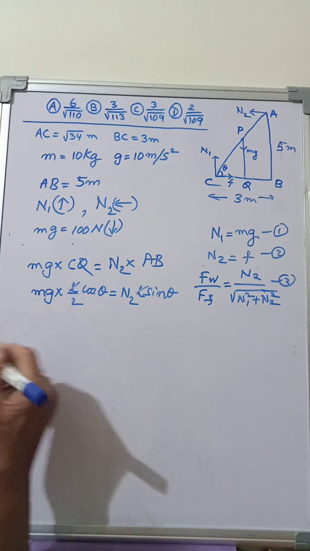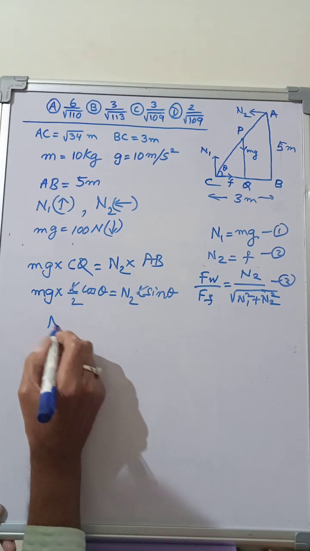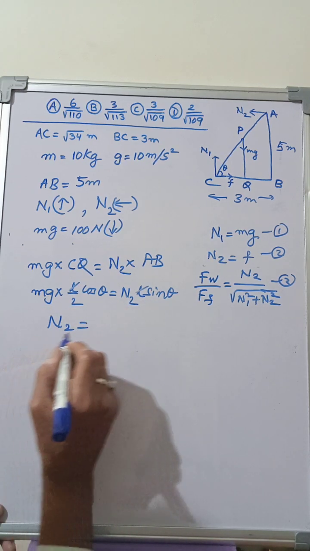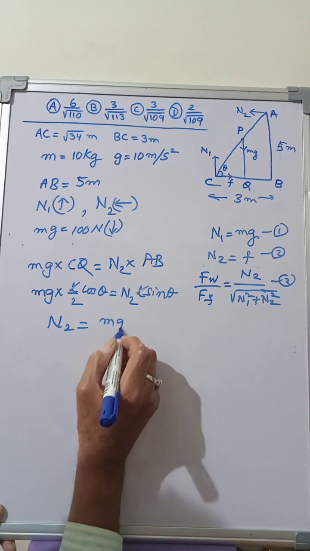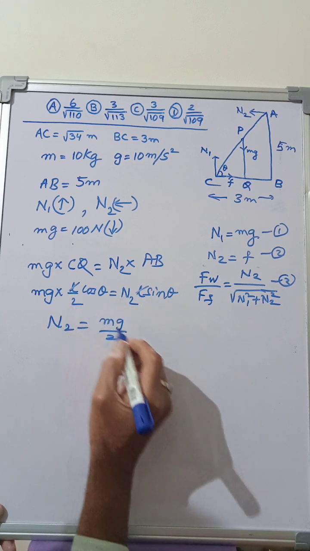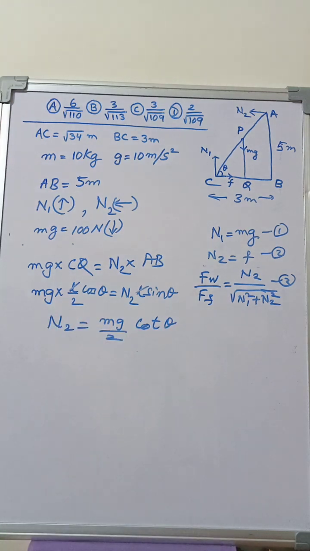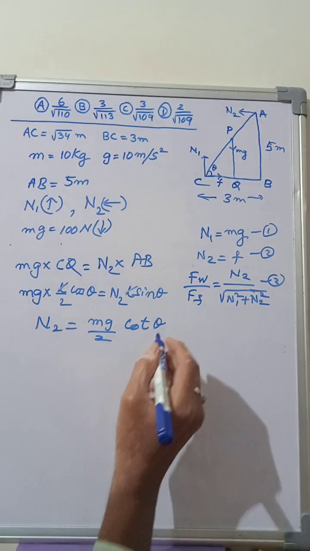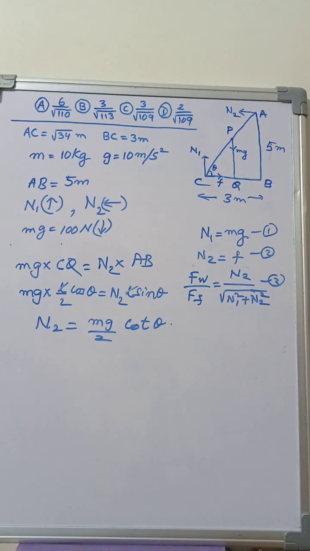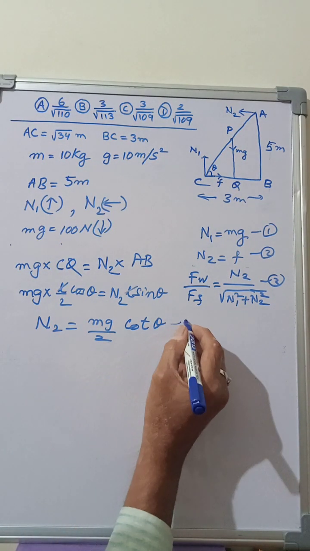L gets cancelled. On simplification we get N2 is equal to mg by 2 into cos theta by sin theta, which is cot theta. We mark this as equation 4.